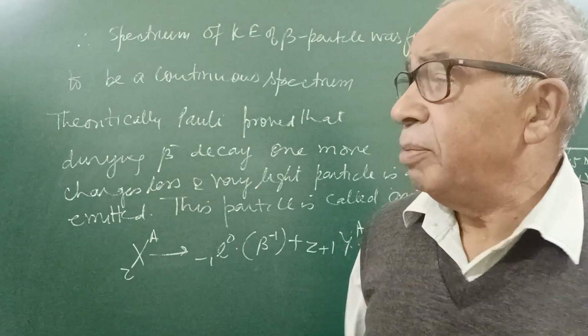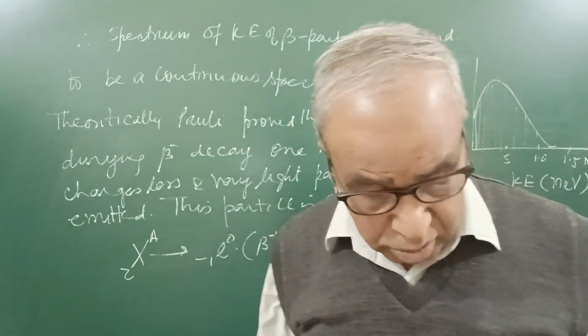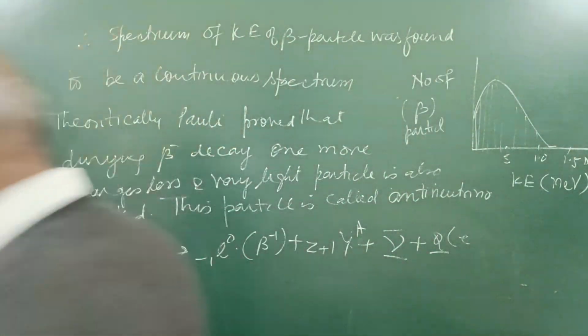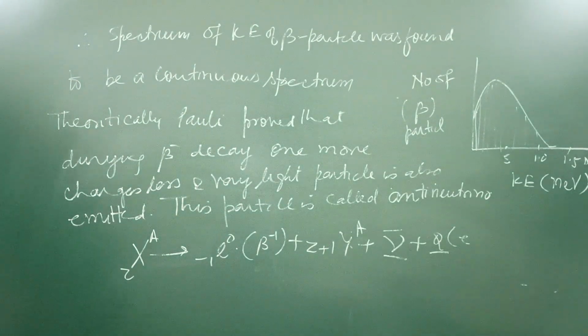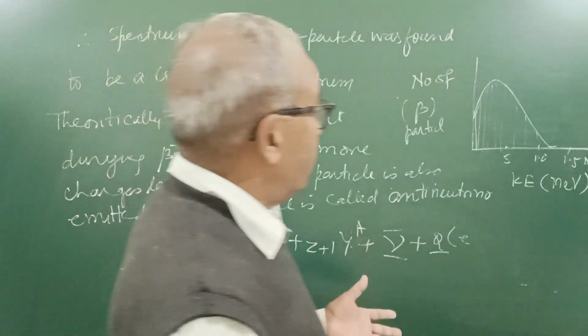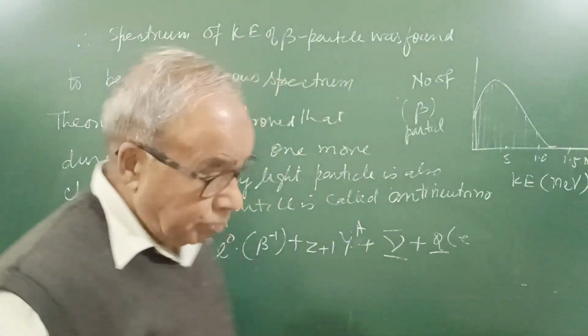This question had been asked last time in the board exam: why is the spectrum of kinetic energy of the beta particle continuous?